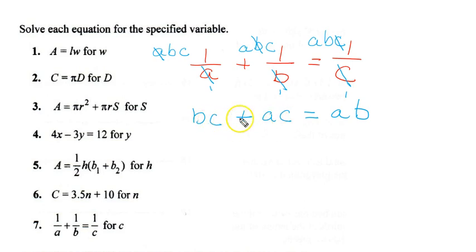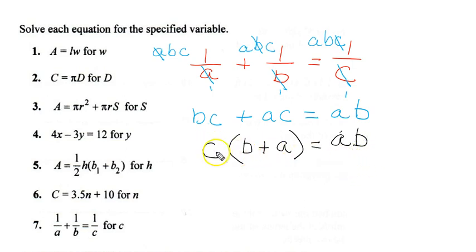How do we get the c out of those terms? Well, we factor it out. So factor out the c. So we're left with b plus a. Now, I could have written this a plus b, the commutative principle, equals a, b.